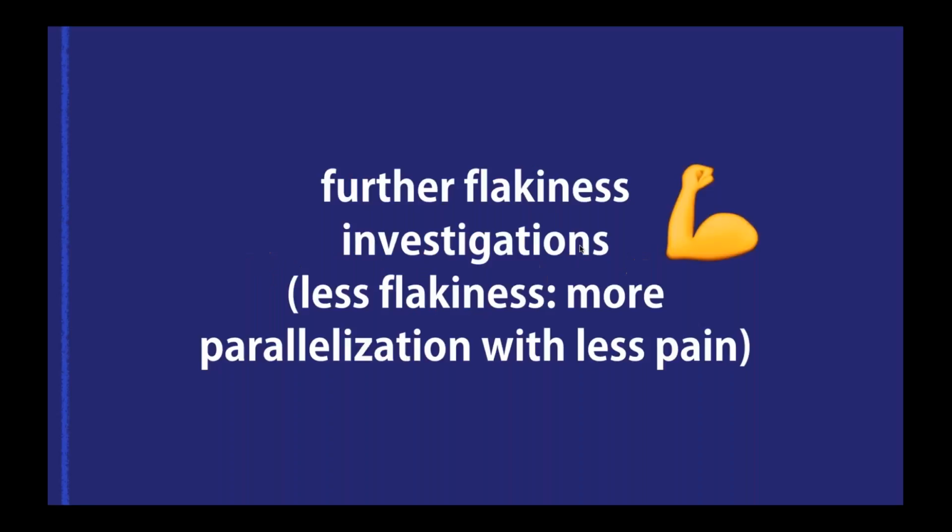So what's next for us and our test suite? Further flakiness investigations, of course. Flakiness is the ongoing battle for us doing work with Selenium. One of the nice things about when we can parallelize more, there's kind of two parts.